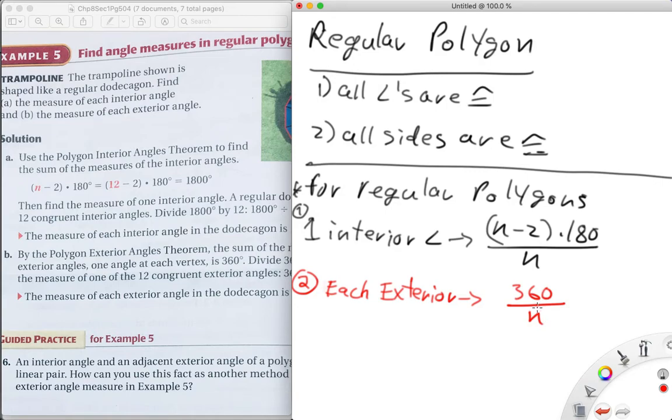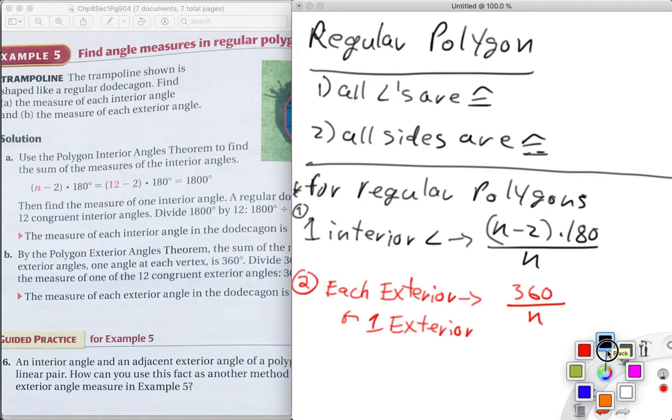That's going to give you each exterior angle, or you could think of it as one exterior angle. The reason I know this is that since they're regular polygons, all the angles are going to be the same, so I divide by the total number of sides. All right.